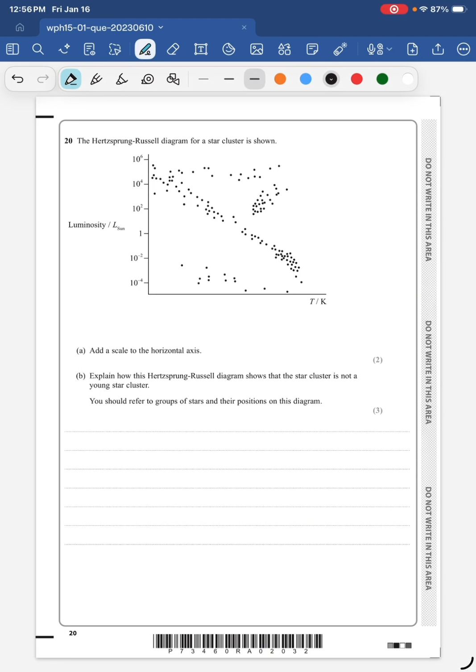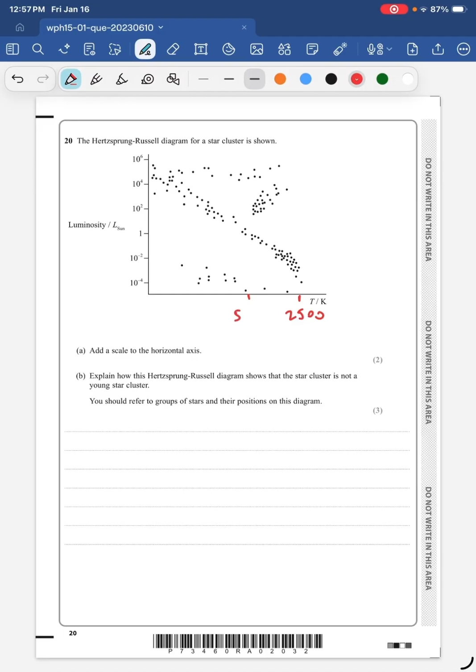The Hertzsprung-Russell diagram for a star cluster is shown, with a scale on the horizontal axis. Okay, so the temperature is increasing backwards. You have to remember this detail. So let's say that this is about 2500 kelvins.